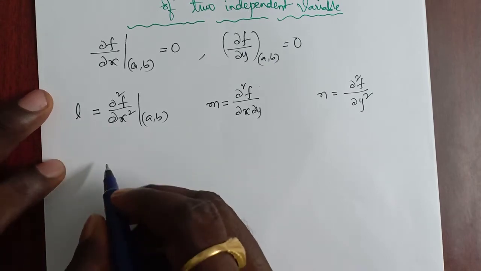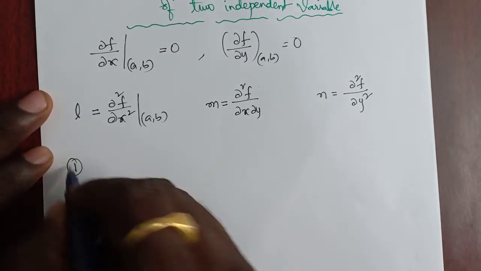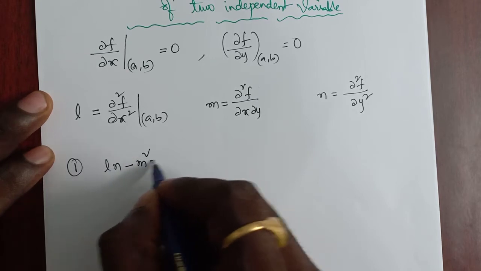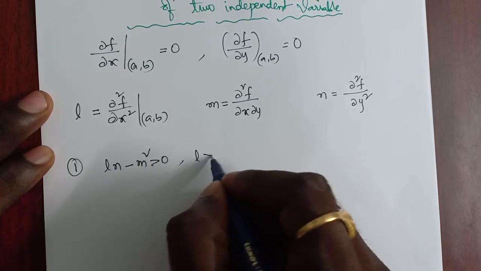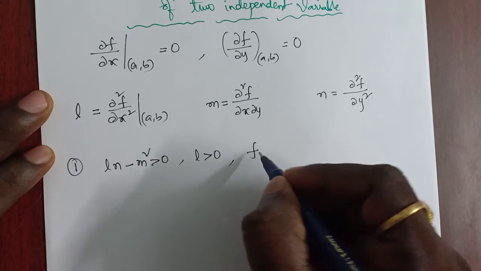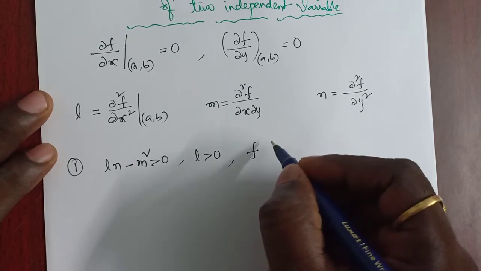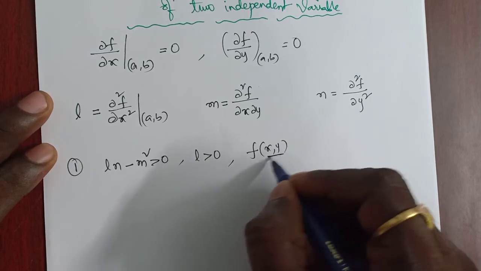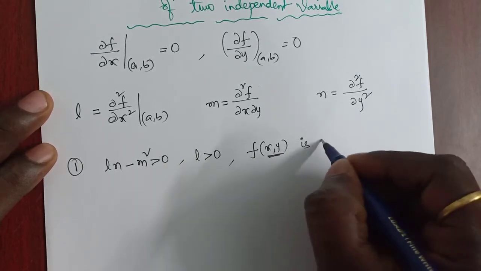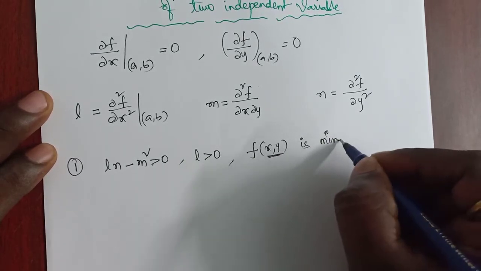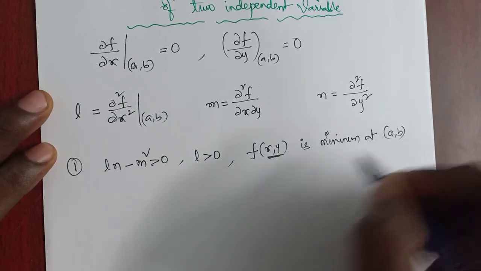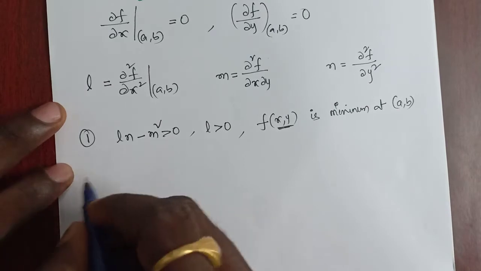Now coming to the conditions. The first, very important one is: if LN minus M² is greater than 0 and L is greater than 0, then f, a function of two independent variables f(x, y), is minimum at (a, b).